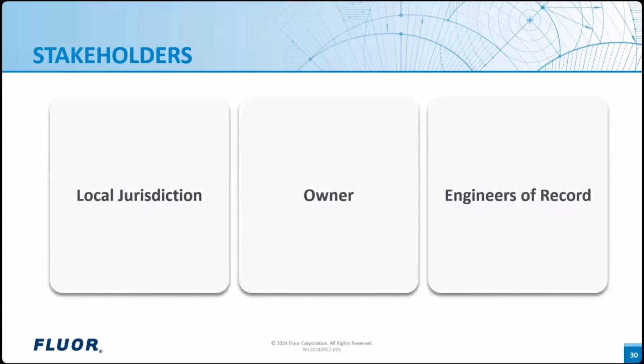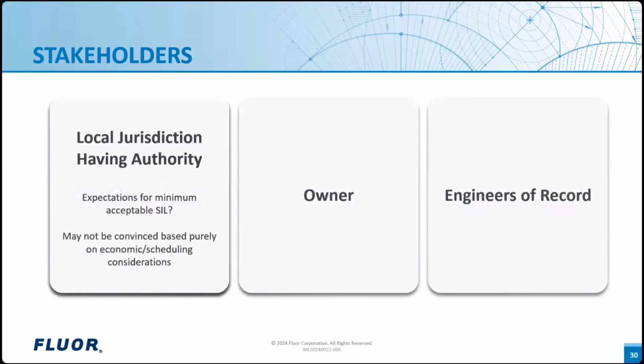There are several different stakeholders when implementing a HIPPS. Some jurisdictions may have specific requirements for a minimum acceptable SIL rating. Some may not have any specific requirements. The owner's internal risk tolerance will play a role in determining the SIL rating of the HIPPS, and the owner must be aware and committed to maintaining and testing the HIPPS system.